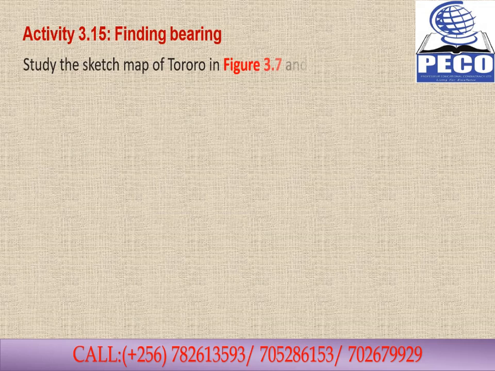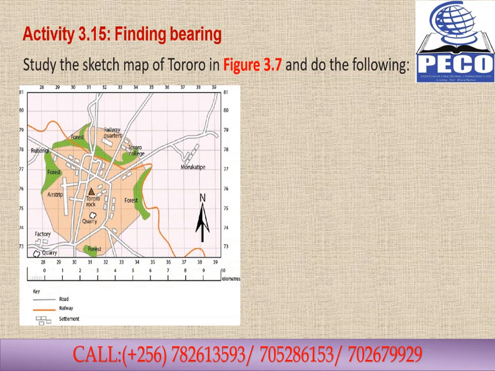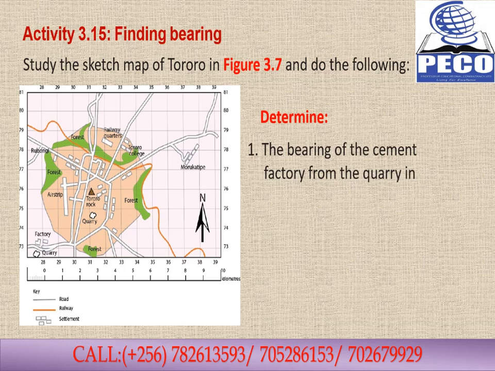Let's follow this activity and we try to find the bearing for the different features. So in your notebooks, can you determine the bearing of the cement factory from the quarry in Tororo municipality? We have the factory.